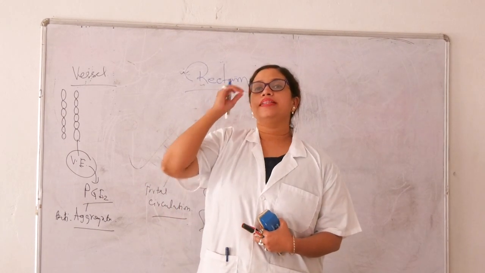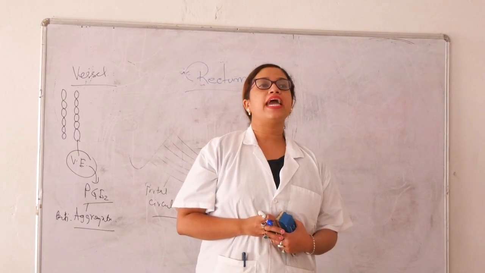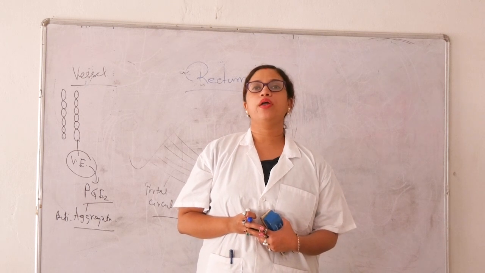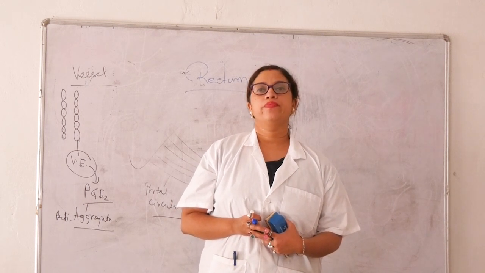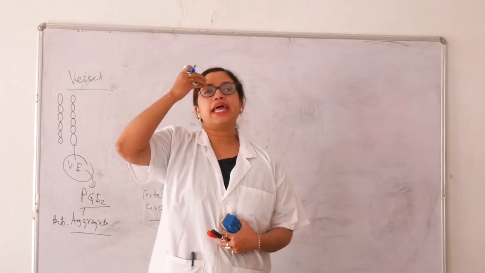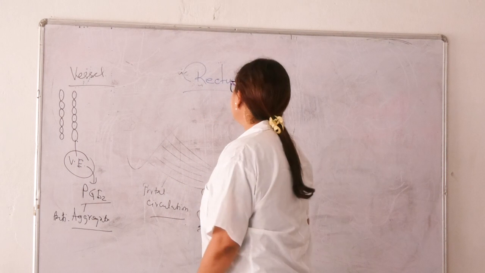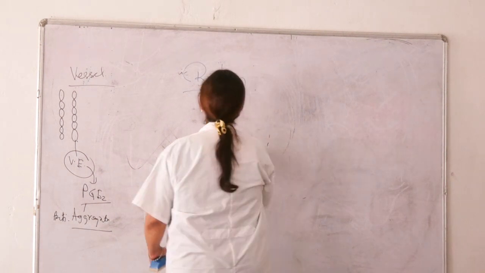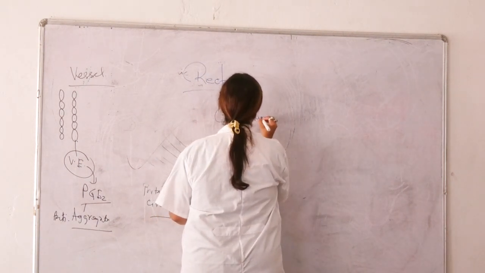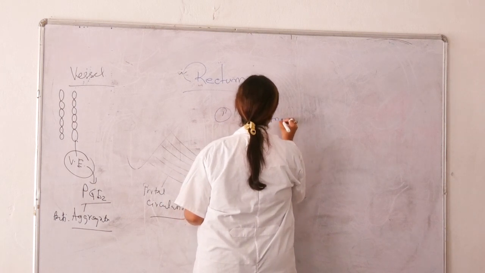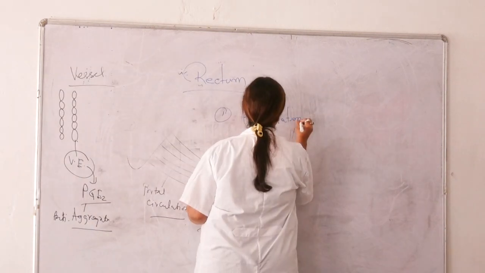See, the rectum has three characteristics of the large intestine that it is devoid of. Number one is obstruction.